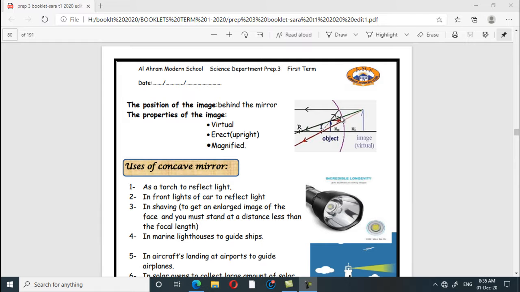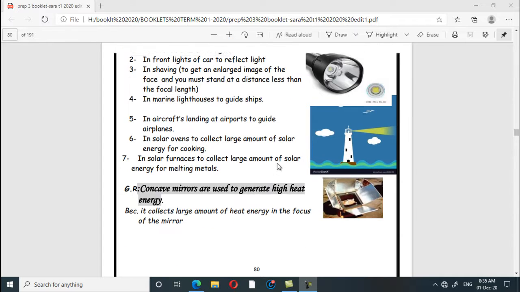So we will take the extension behind the mirror for both reflected rays, and the image will be formed behind the mirror. So this image is a virtual image, and the size of it will increase, so it's an enlarged and upright image.